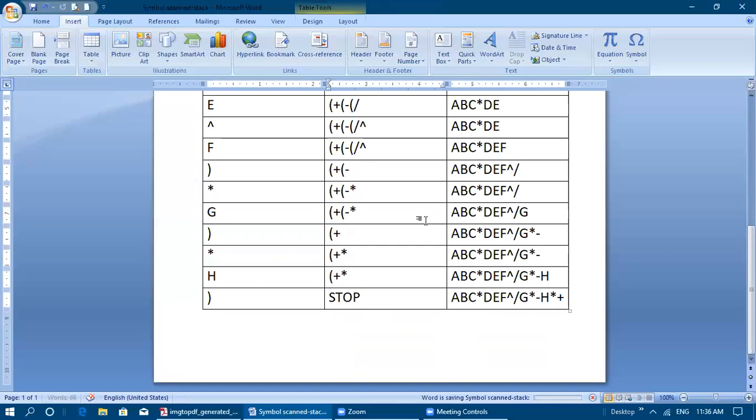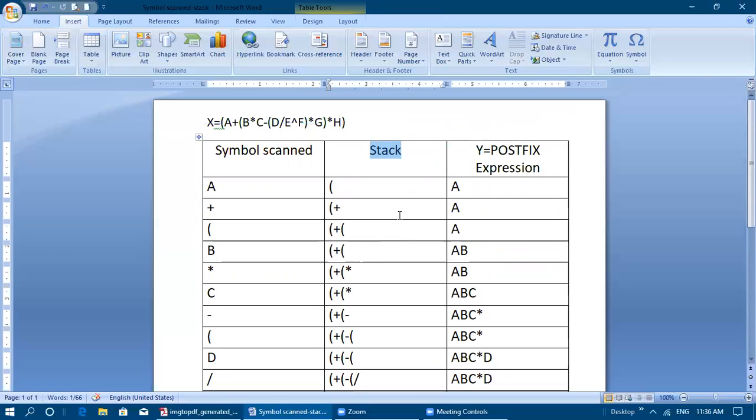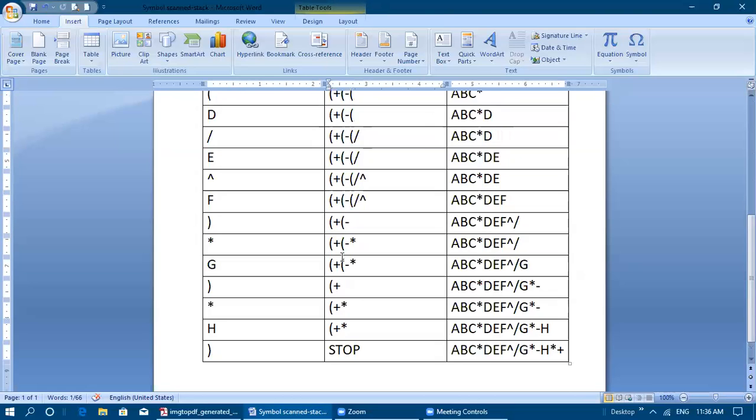So this way we can convert the infix expression into a postfix expression with the help of a stack, which is one of the applications of the stack. Infix to postfix expression conversion is one of the applications of the stack. Now you have understood the procedure clearly. In the afternoon session, I am going to give some expressions for you.